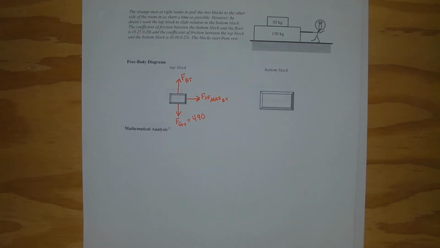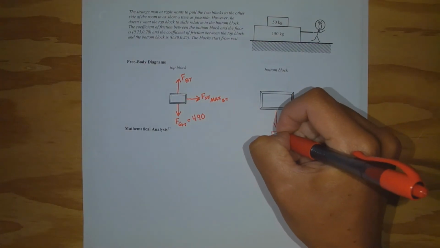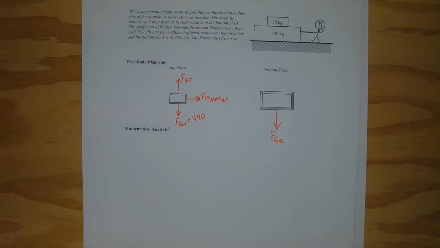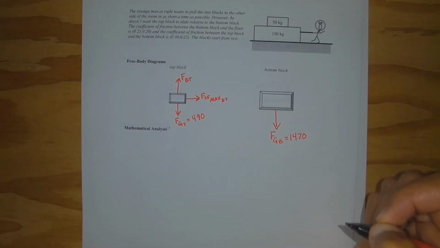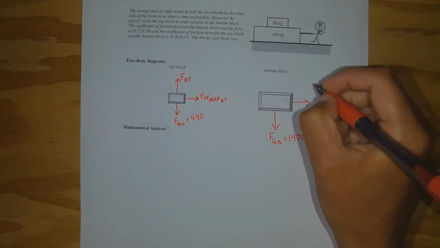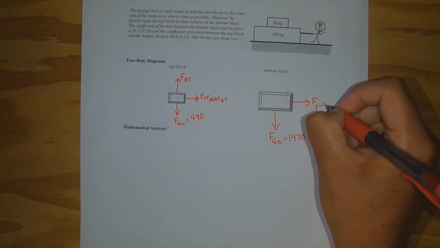So then we can do the free body diagram for the bottom block. We have the force of gravity for the bottom block acting downward. The mass of the bottom block is 150 kilograms, and so this force of gravity is 1,470 newtons. And we have the force that the rope exerts on the bottom block from the strange man pulling on the rope.